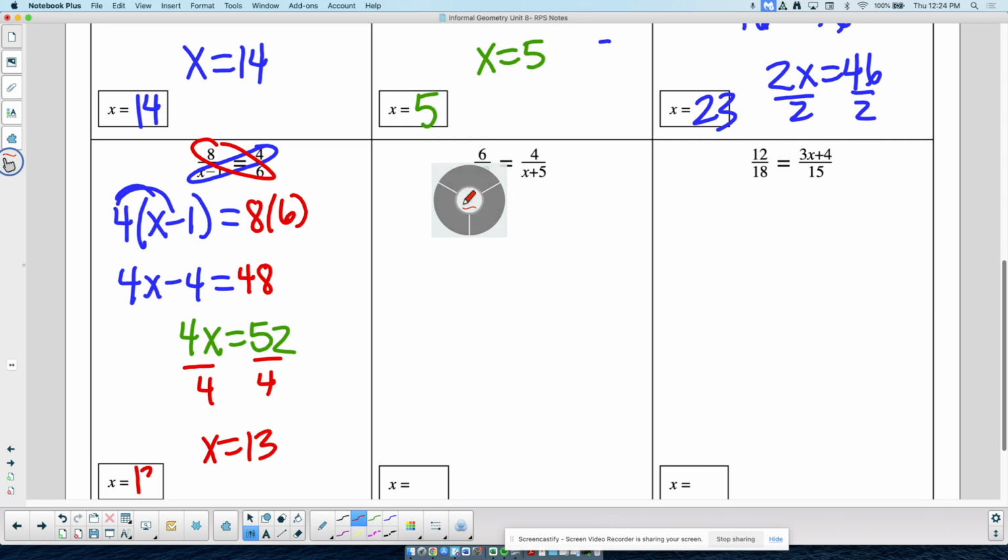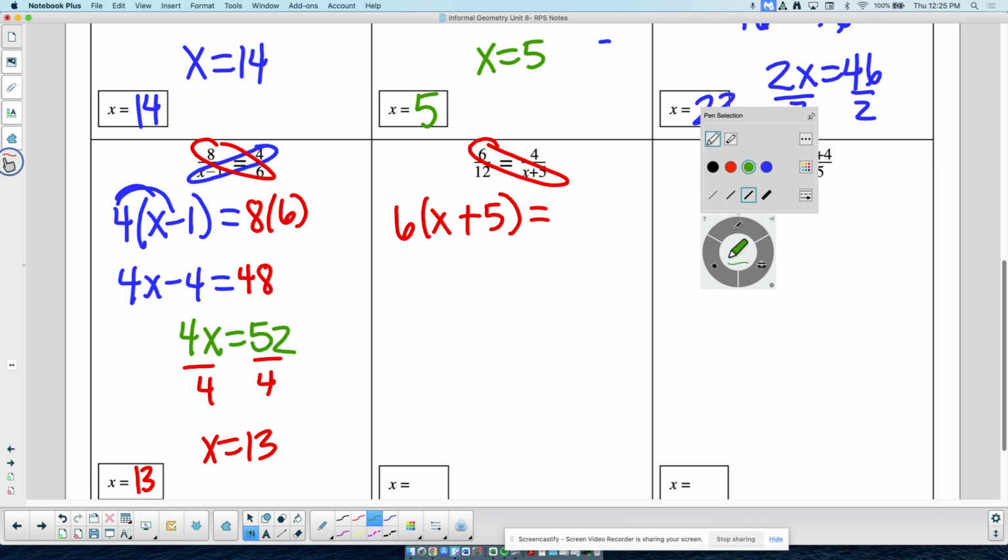Why don't you guys take a second and try these ones and then compare with me. I know half of you have not tried these and you're just waiting for me to write the answer, but I'm going to go ahead and solve them. I really did hope that you tried on your own and you're just checking your work. I'm going to have 6 times x plus 5 in parentheses is equal to 12 times 4.